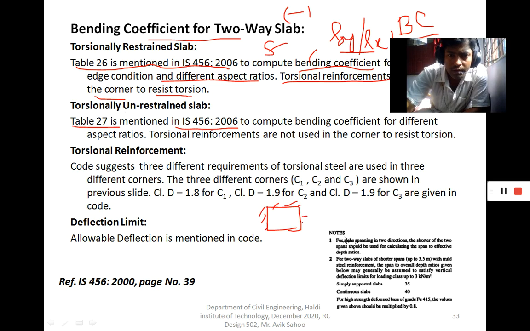So at support there is no moment, because you know that in a simply supported beam the moment at support is 0. That's why there is no negative moment, only the span moment is considered to design a simply supported slab, and no torsional reinforcement is used.